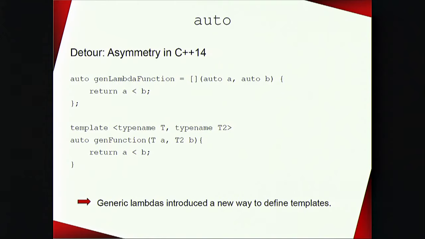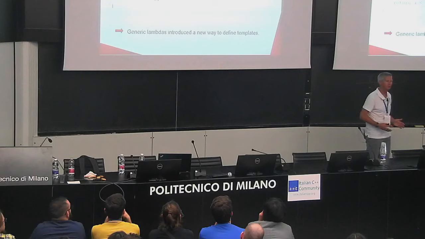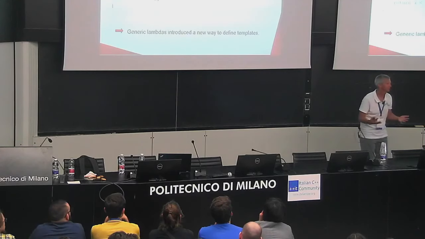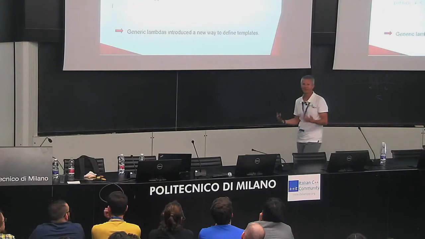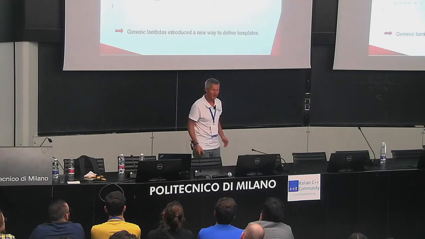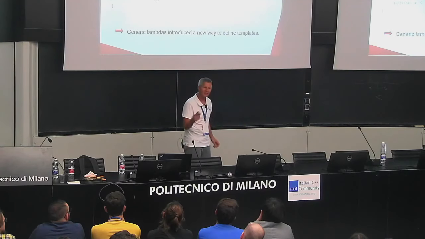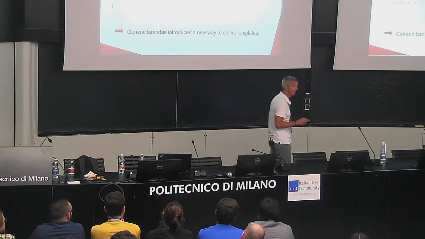What I dislike is I cannot use auto in a function definition or declaration. It's not possible in C++14. And that is the reason why I don't like it, because that is an exception to the rule. I don't like exceptions. I want to explain concepts. Not concepts in a concept sense, but concepts in a general idea meaning. And this is what I didn't like. And this asymmetry is gone with C++20.